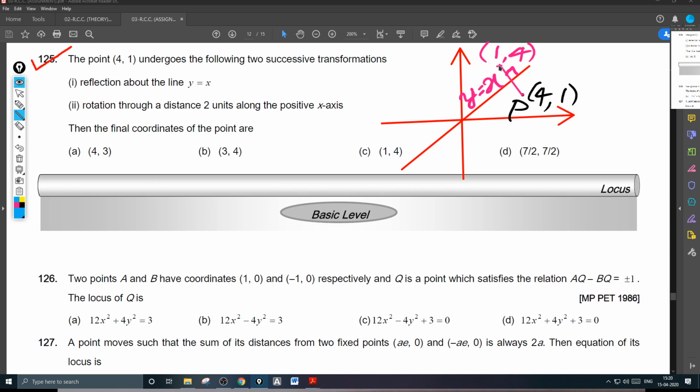Why am I saying forward? Because it is the positive x-axis. It is moved through how many units, according to the question? 2 units.